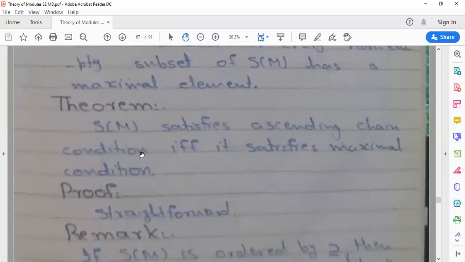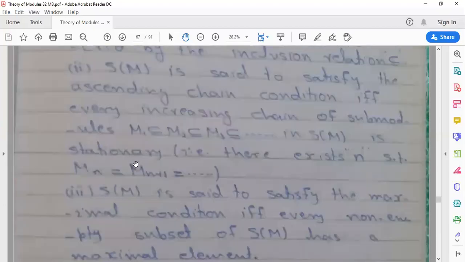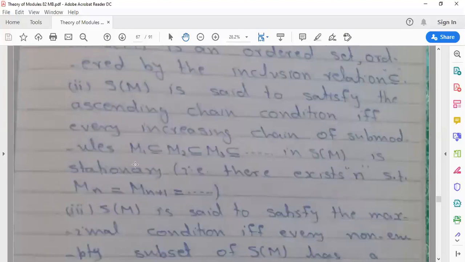After this, we have studied a very well-known result. Sm satisfies the ascending chain condition if and only if it satisfies the maximal condition. This is very obvious because, for example, M1 is contained in M2 is contained in M3, and at this stage we say that Mn is maximal.